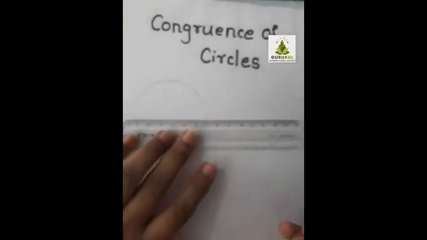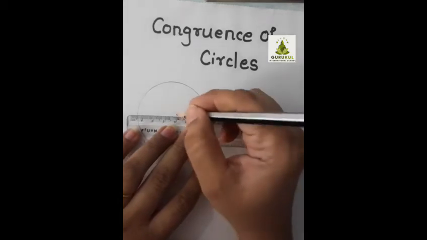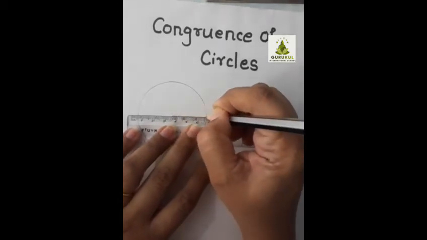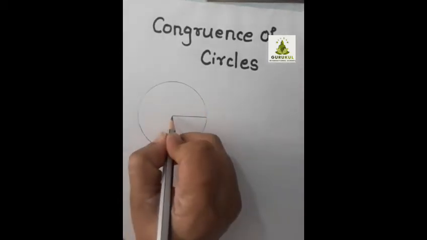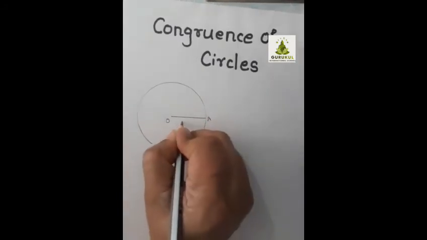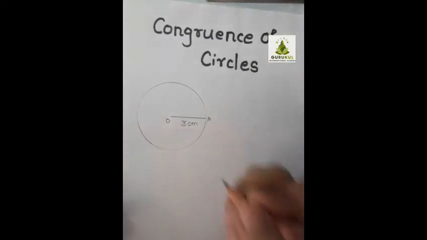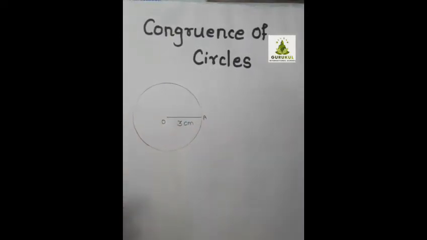This is the first circle I drew with the radius 3 centimeters. Suppose I give the name OA here, this will be 3 centimeters.